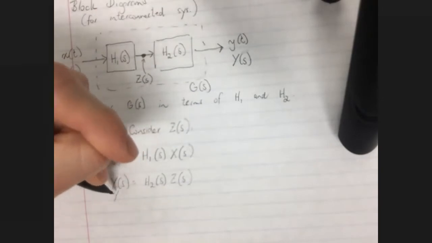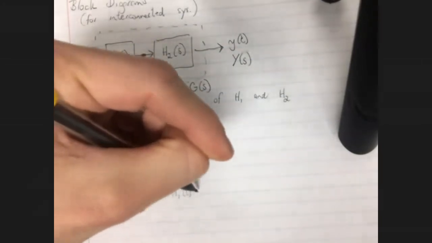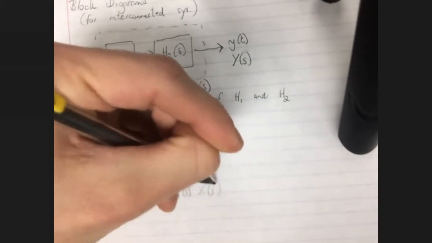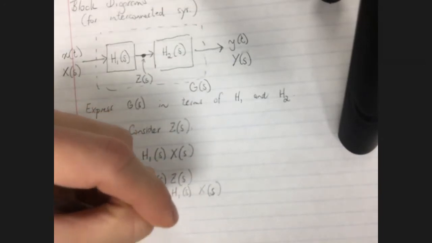So then I can plug in what Z of s is. Plugging the first equation into the second one, I get that Y of s is equal to H2 of s times H1 X. And notice that I can divide right here and do Y over X, which is ultimately what I want.